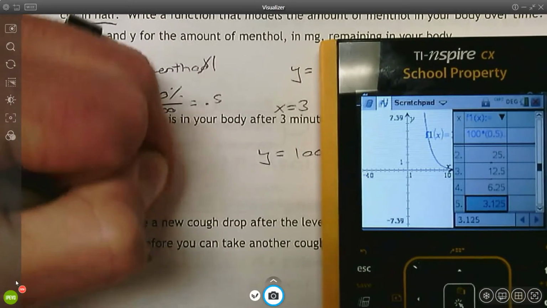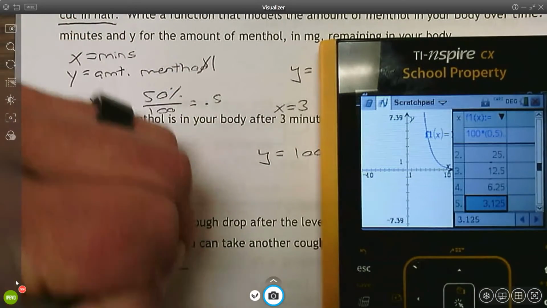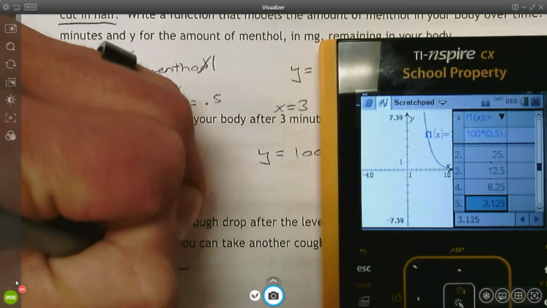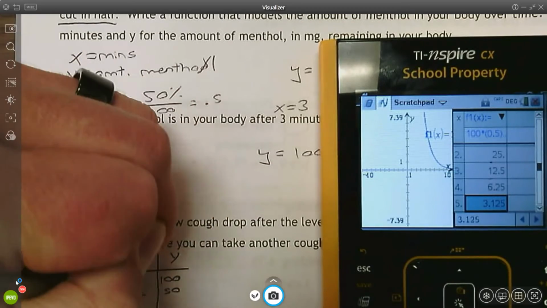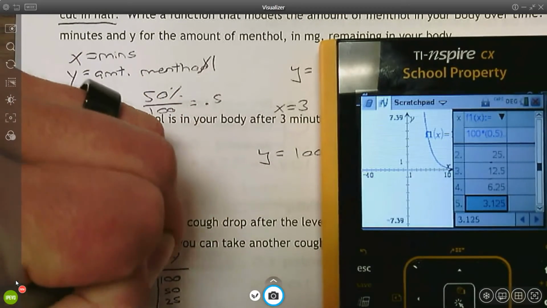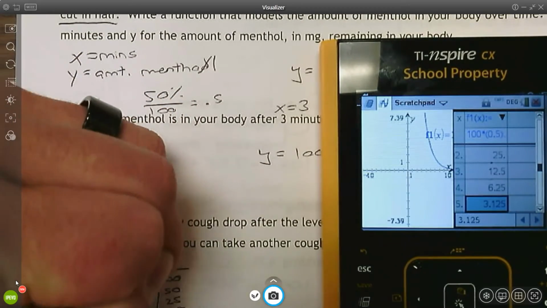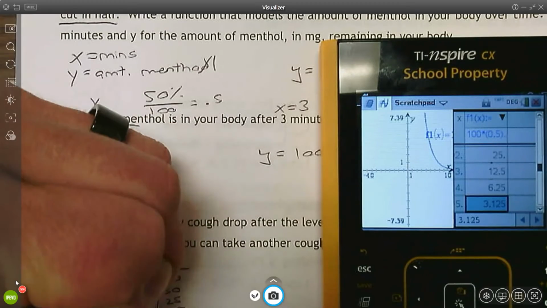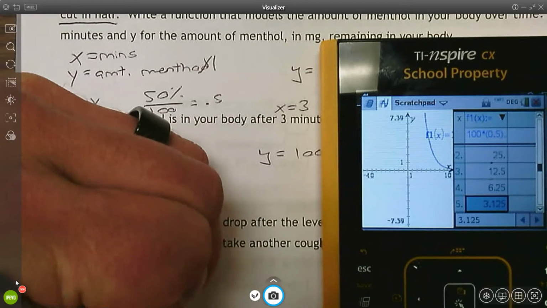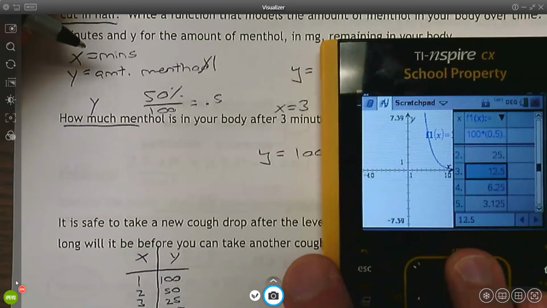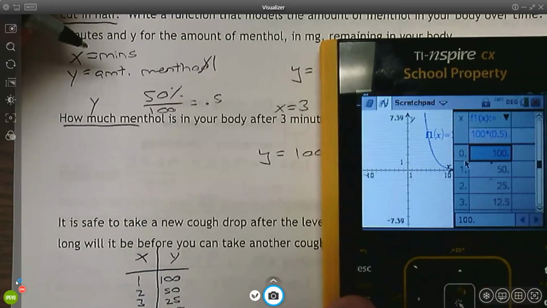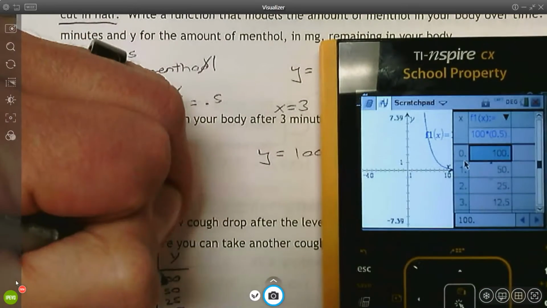So I have X and Y. 1 minute, there's 100. 2 minutes, there's 50. 3 minutes, there's 25. 4, there's 12.5. 5 minutes, there's 6.25. 6 minutes, somehow I messed this up. Hold on. Oh, after 1 minute, I'm off.